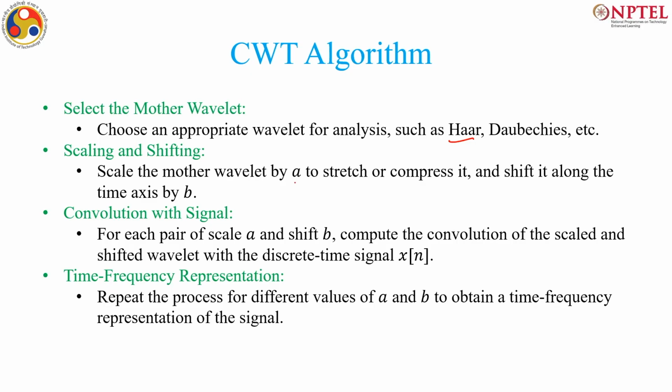The next is you have to scale your mother wavelet by A, and then you have to shift it by B, and then you create such filters, and then you have to convolve them with the signal, and each convolution will result in different outputs which are denoting the time and frequency aspects of the signal. When you repeat for different values of A and B, that is your time frequency representation of your signal.